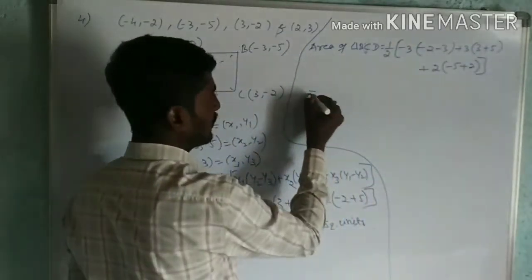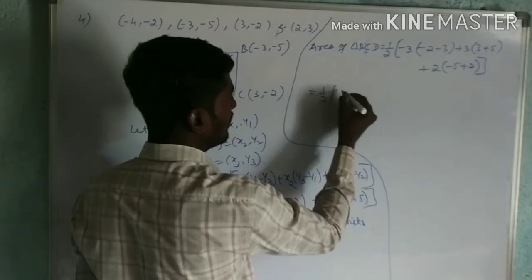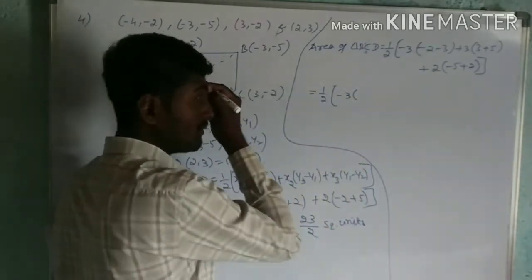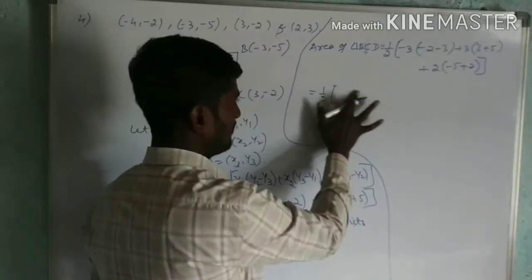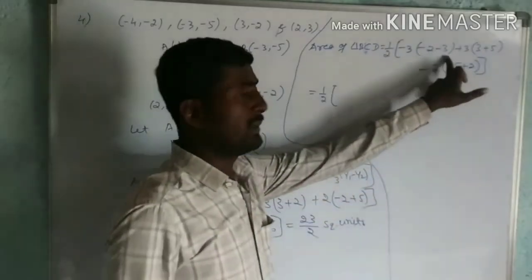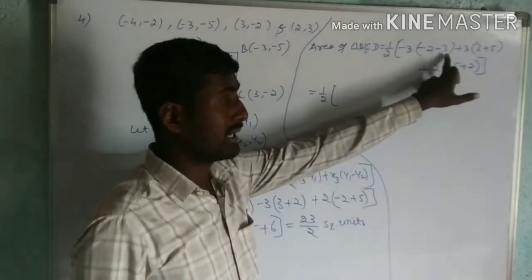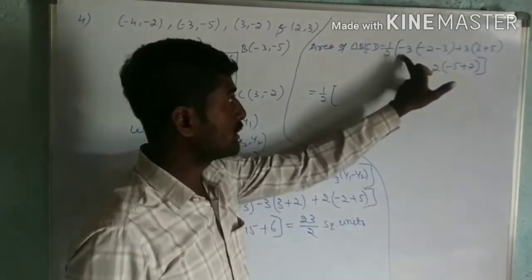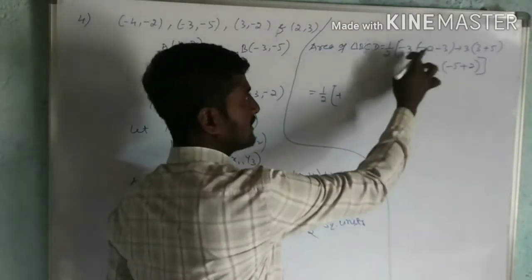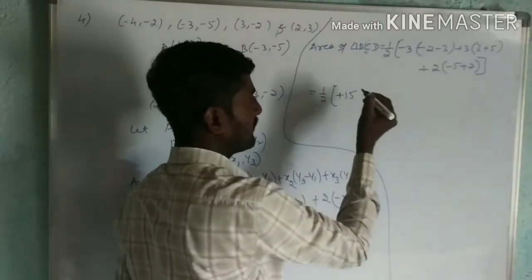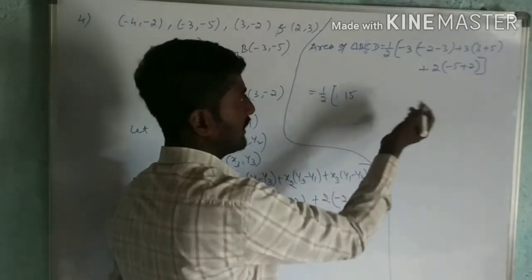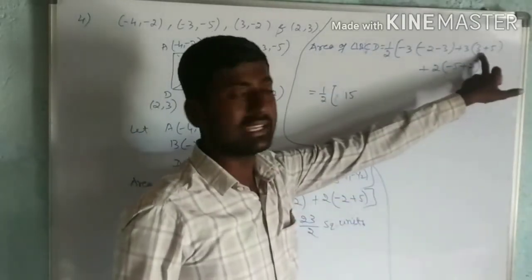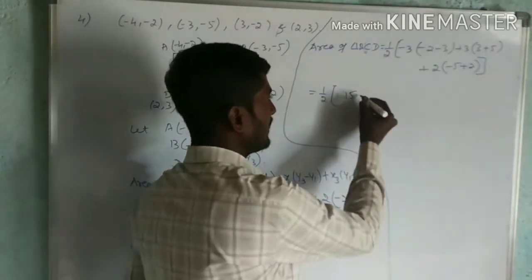Now this is equal to 1 by 2 into minus 3 into, now I will write it directly, minus 2 minus 5. Minus 2 minus 3 is minus 5. Minus into minus plus, 5 3s are 15. Plus 15 it is. Now 5 plus 3 is 8, 8 3s are 24.